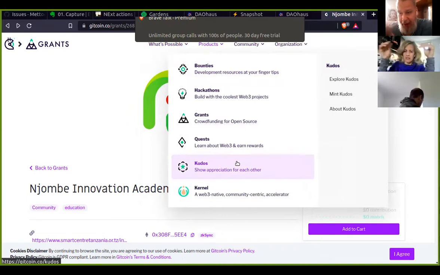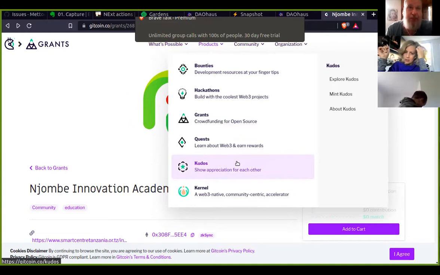And it's paired with all the cryptocurrencies that already exist in the Gitcoin environment. But we're not going to make a deep dive now about this.